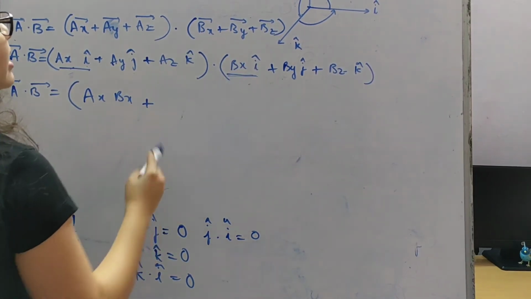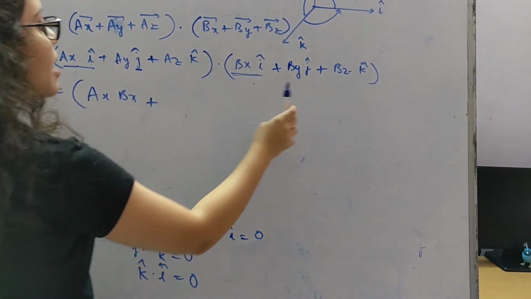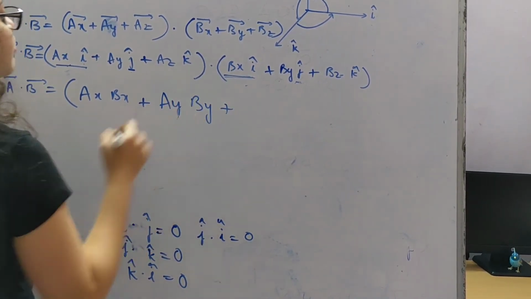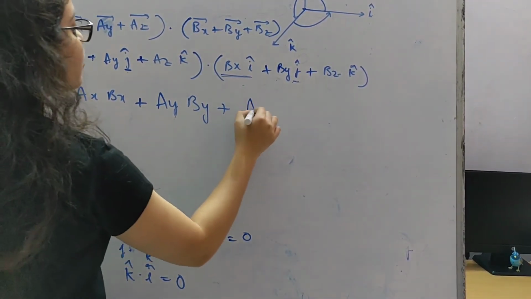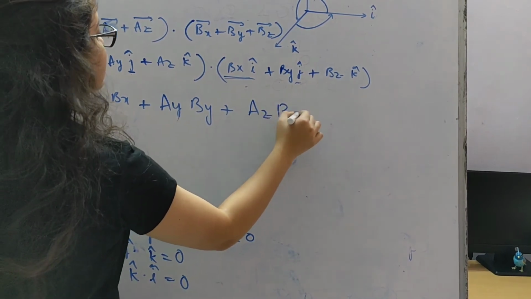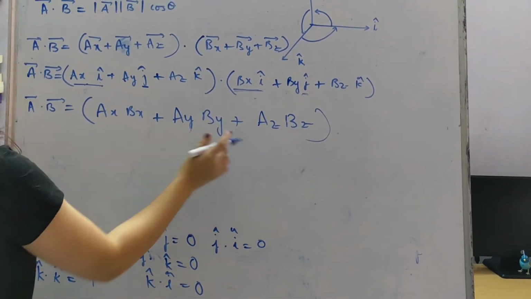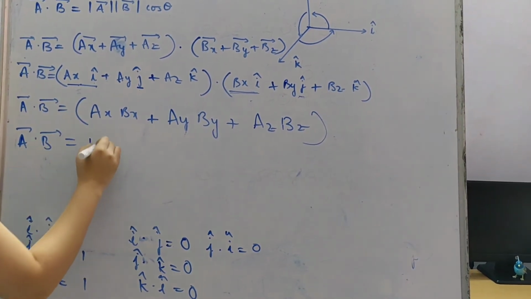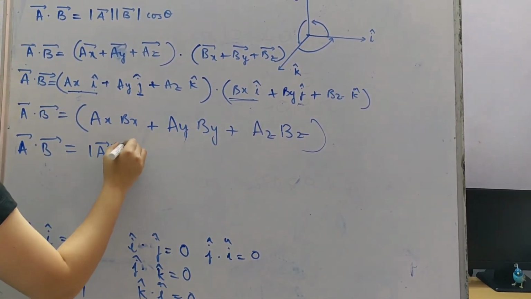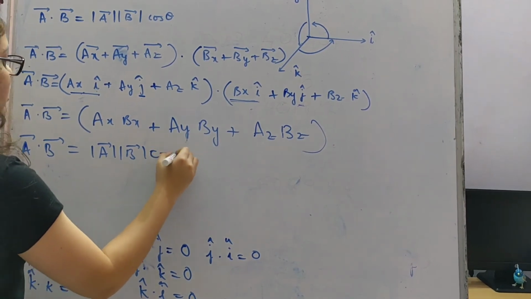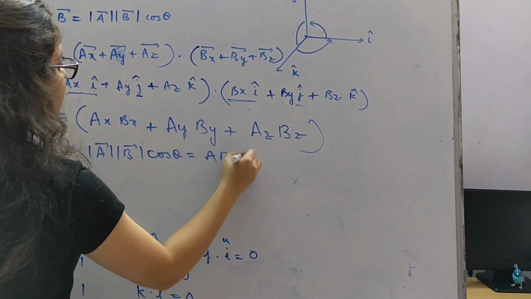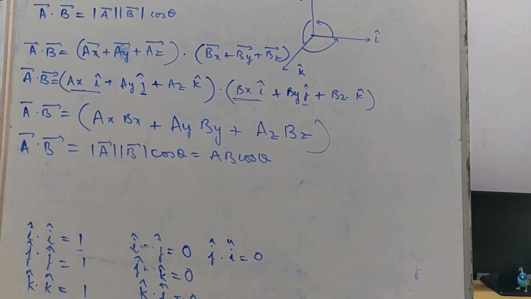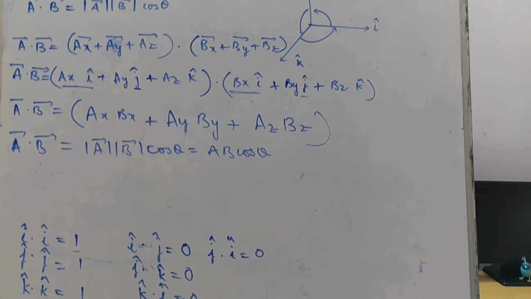Ay into By, this will exist because here also J cap is there and here also J cap is there. Similarly, for the third term, you will get only Az Bz. So this is your dot product. And what is this equal to? This is equal to AB cos theta. We can write it as AB cos theta like this also. So these two will be equal. You will equate them for any numerical. This is how you will solve them.